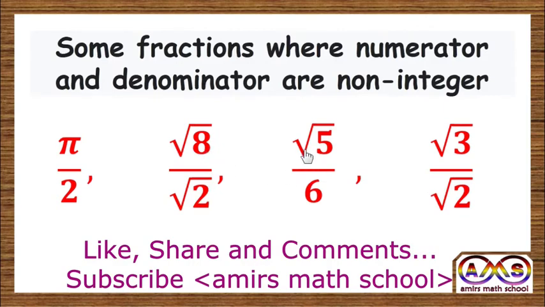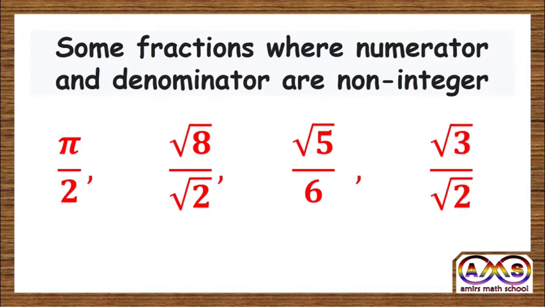In the third case, square root of 5 divided by 6, the numerator is a non-integer but the denominator is an integer. Lastly, square root of 3 divided by square root of 2, both the numerator and the denominator are non-integers.